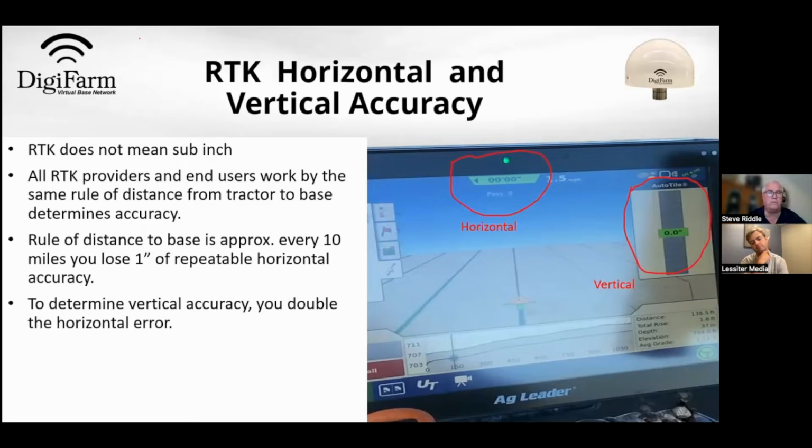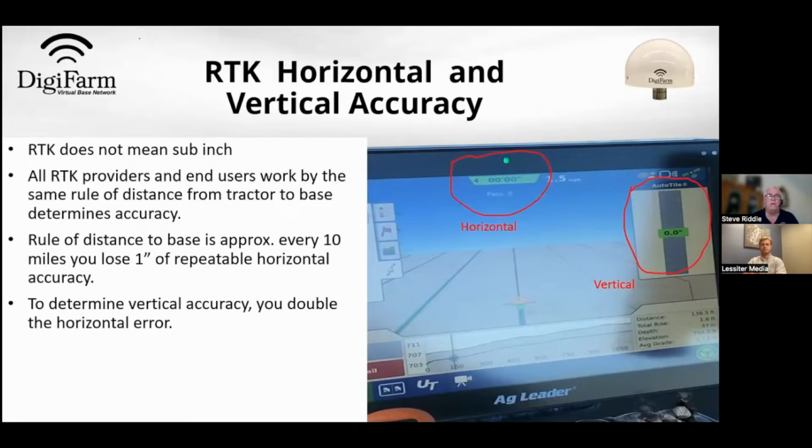The calculations could fill a couple of pages, but basically there's a distance rule, and I think all the providers pretty well agree: every 10 miles from where you are in relationship to the nearest base station, you lose 1 inch of repeatable horizontal accuracy. So we're talking about repeatable and horizontal accuracy.